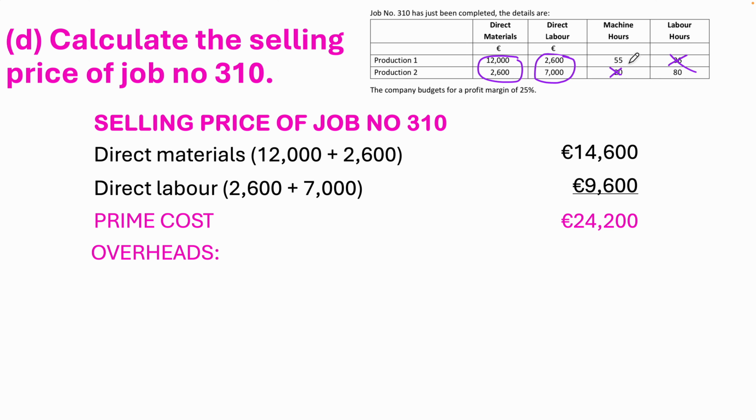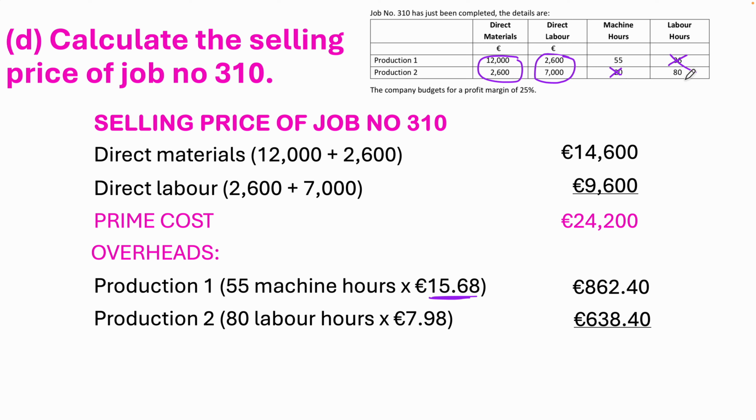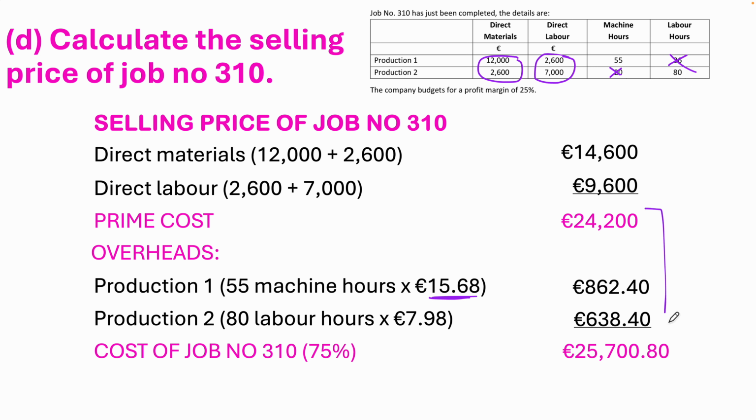So in production 1 then, the overheads are 55 machine hours multiplied by the rate that we got in part C, which was 15.68, and that is €862.40. And then production 2, we've got 80 labour hours multiplied by €7.98, that is €638.40.